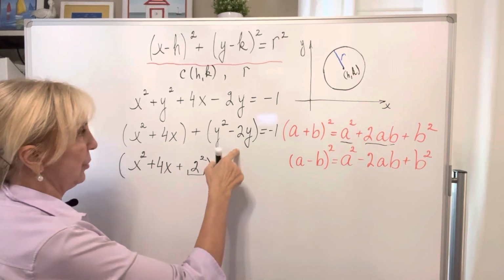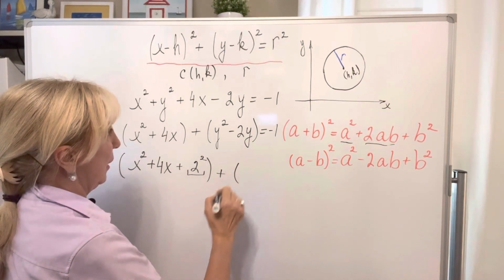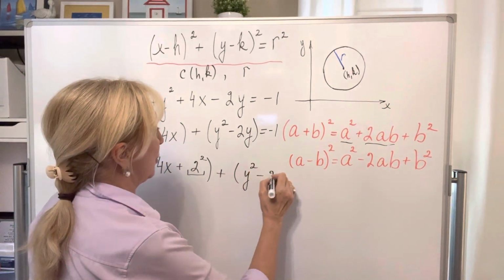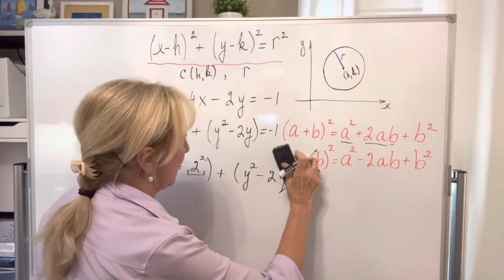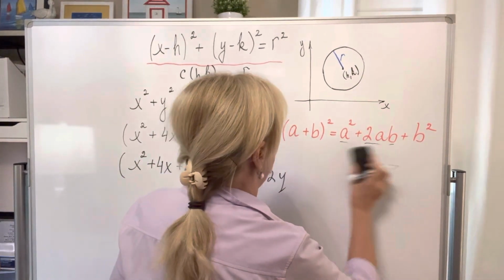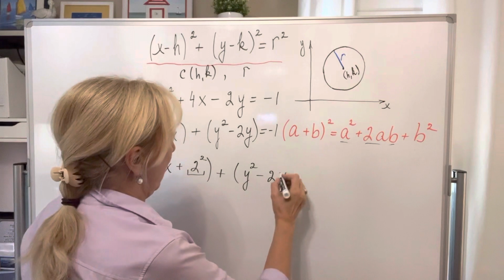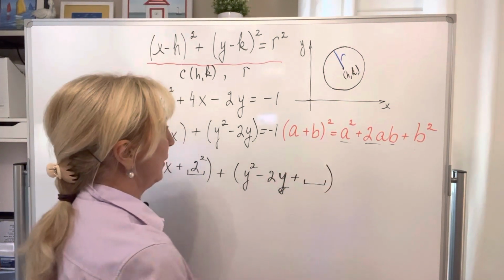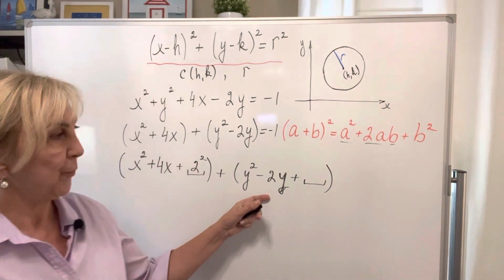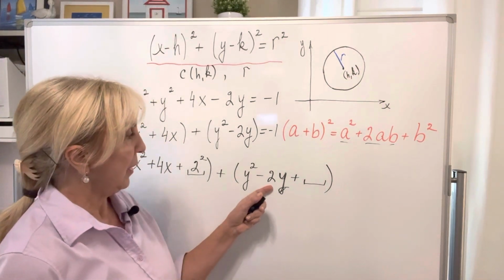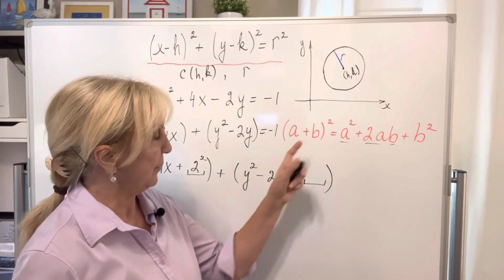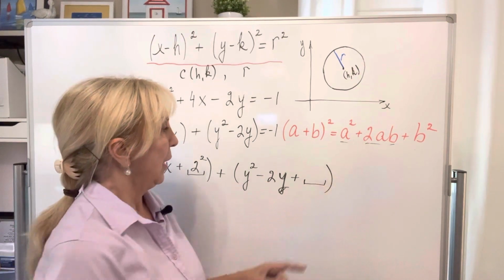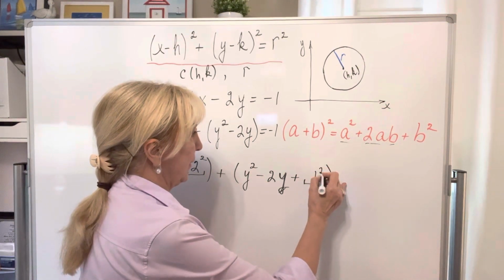We're going to do the same with y. So y squared minus 2y, and then I have to add something that makes it a perfect trinomial. That b in this case is 2 divided by 2, so it's 1 squared.